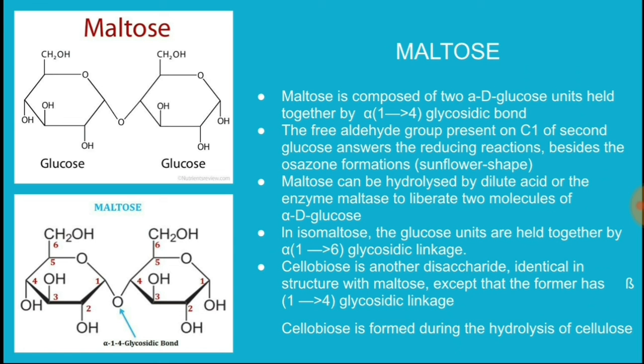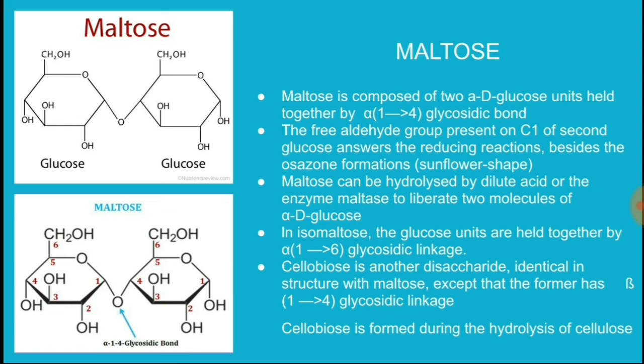Maltose is composed of two alpha D glucose units. Remember that it is a bond formed between two alpha D glucose units, and the bond consists of an alpha 1 to 4 glycosidic bond.